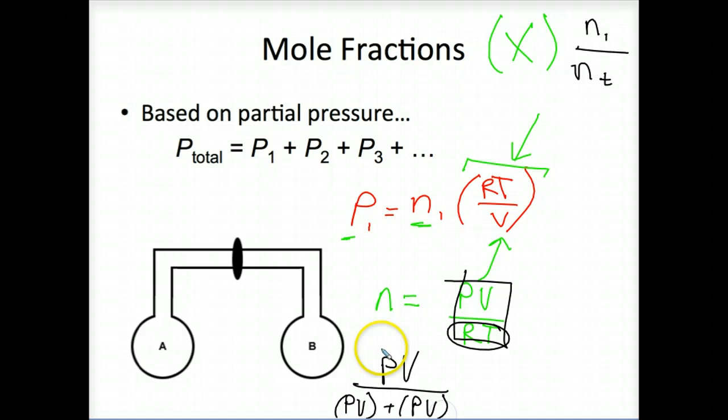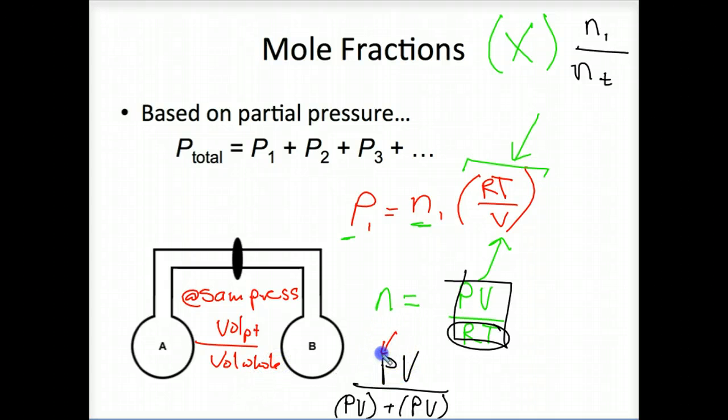Now, remember, which is similar to the notes that we've already done, if my pressure is the same, hold on, let me get a pen. At the same pressure, my mole fraction is literally a volume fraction. Volume of my part over volume of the whole.